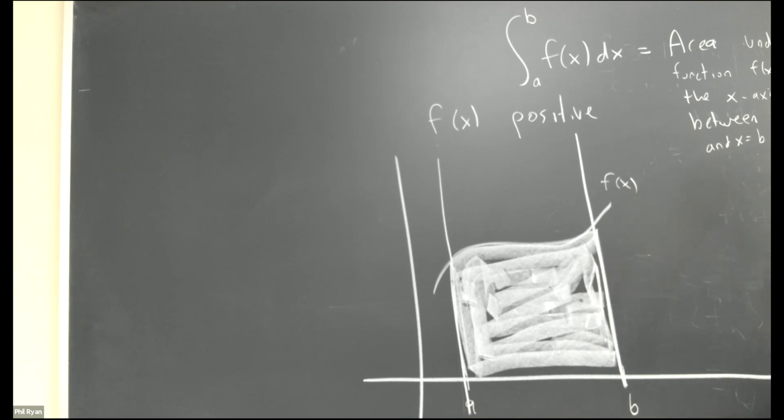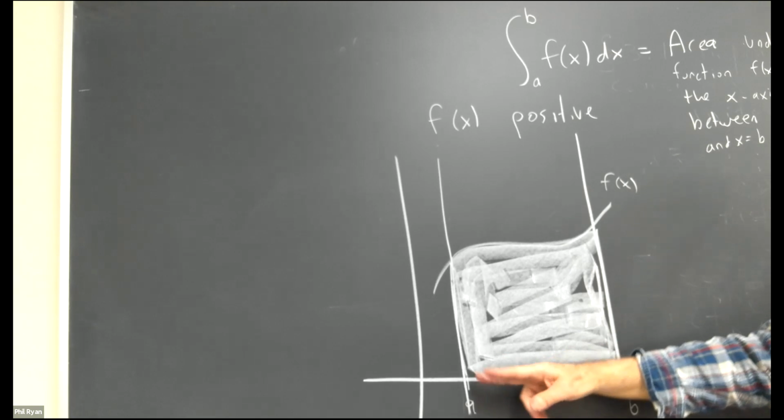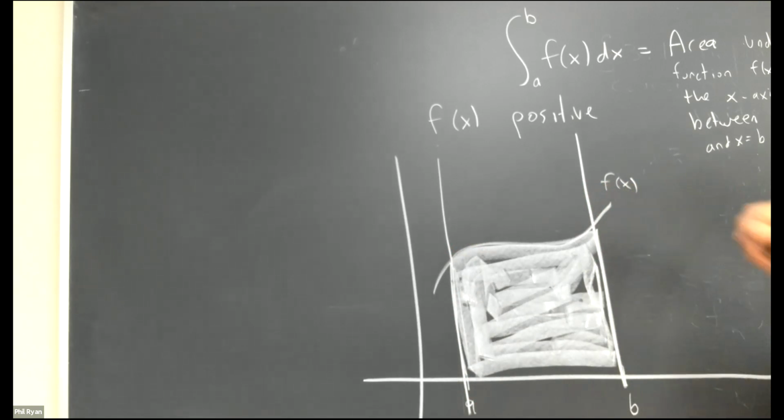The way they did integrals was they got really nice cardboard, drew the function on the cardboard, and cut out this area. Then they had scales like chemistry scales, so they were super accurate, and they would weigh the piece of cardboard.